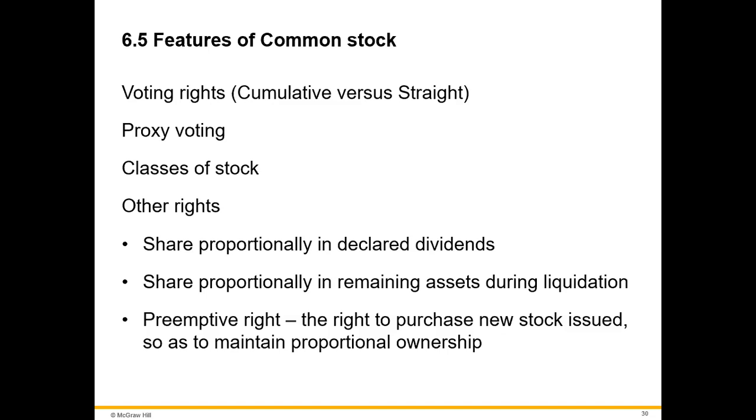So what they do, under cumulative voting, is they take the number of votes that each shareholder may cast. So it's usually the number of shares you own, and multiply it by the number of directors to be elected. And then the directors are all elected all at once.